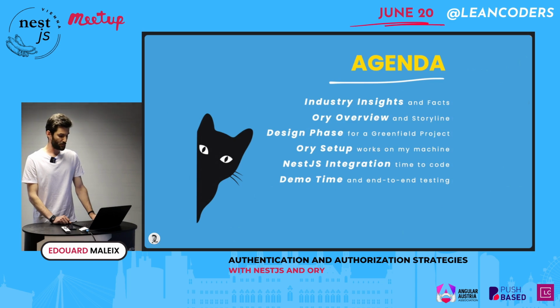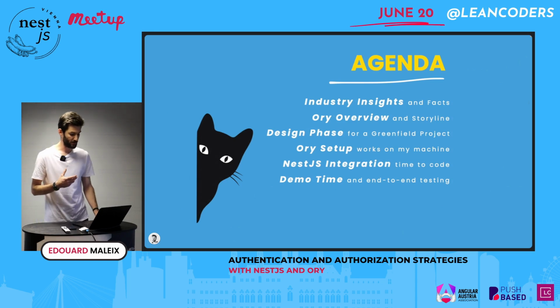We will then dig into how to set up OI locally so that it works on our machine. Once the OI setup is done, we will move on to NestJS integration, and see how to integrate the OI API into our backend application. Then we will make it run and see how it works.